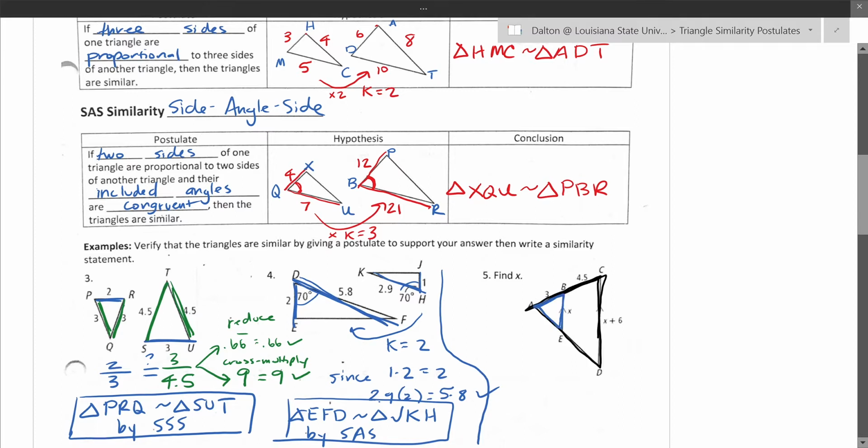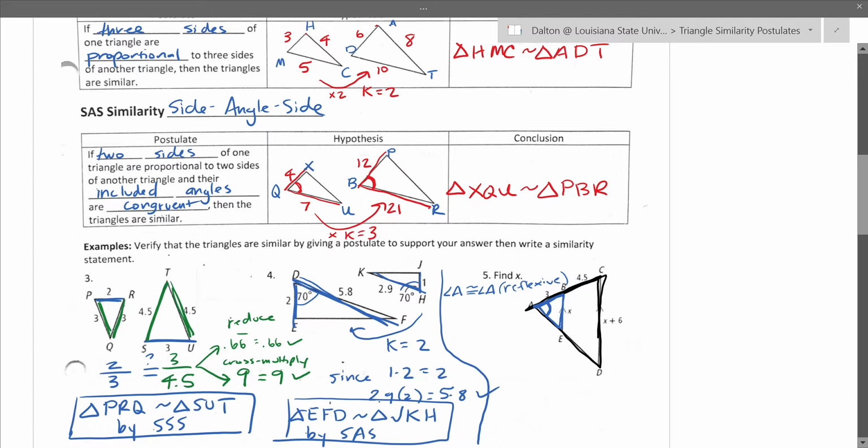Okay, so if I do that, I can go ahead and conclude angle A is congruent to angle A. Notice both triangles share angle A. And kind of like when we did our other theorems for congruence, that's also called the reflexive property, when two triangles share something. So those are congruent to each other.